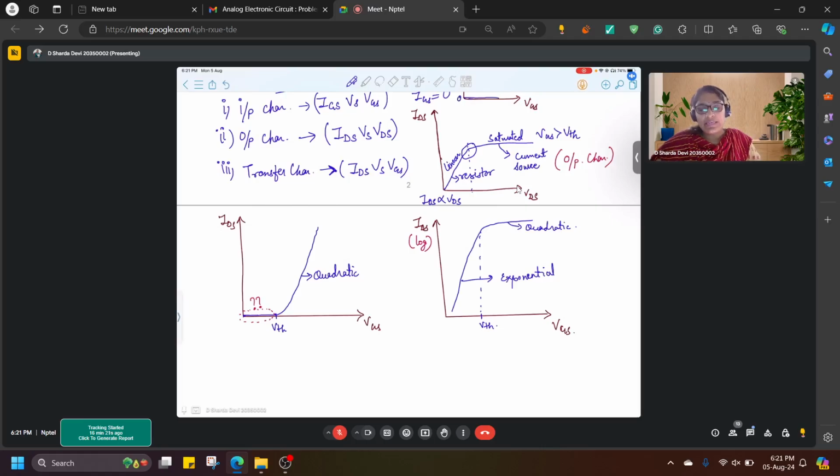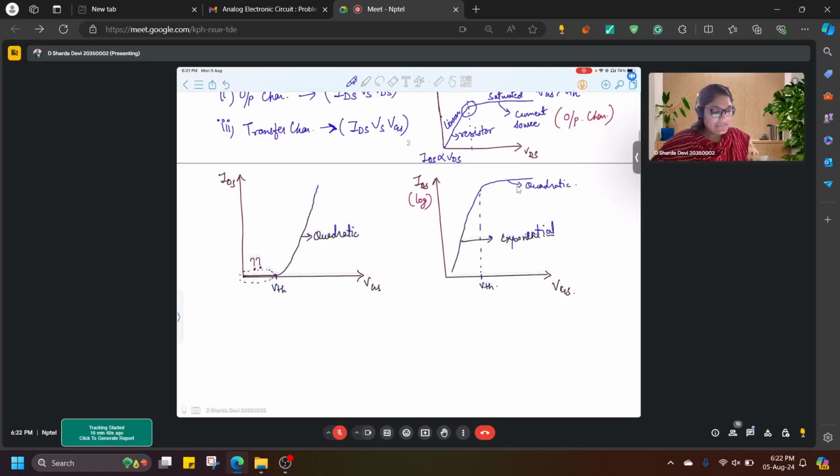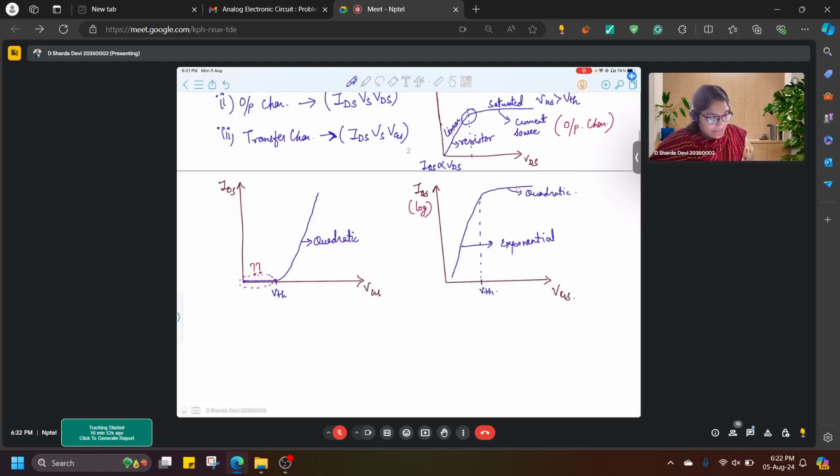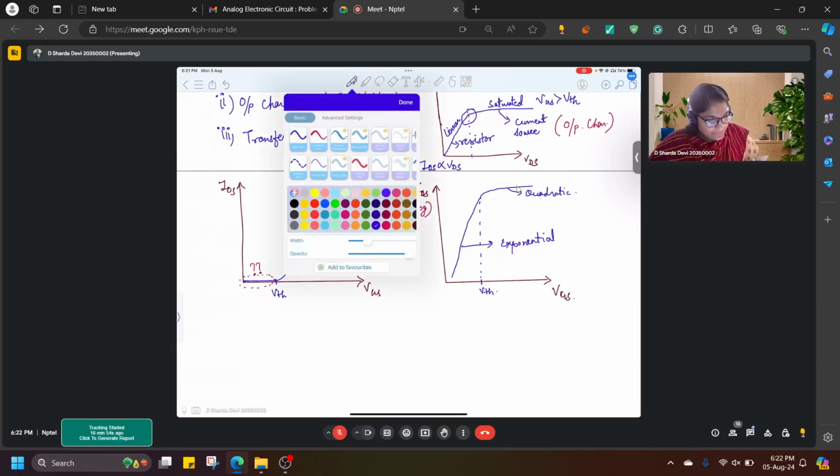In the subthreshold region, the current actually follows an exponential behavior, whereas after threshold, it takes up a quadratic form. So this is very important. Please keep this in mind that in the subthreshold region for a MOSFET, the current follows exponential behavior, and after VTH, it is quadratic in nature. Clear? So these are transfer characteristics.